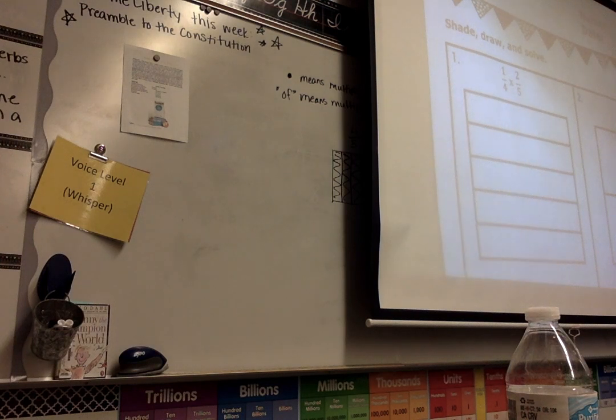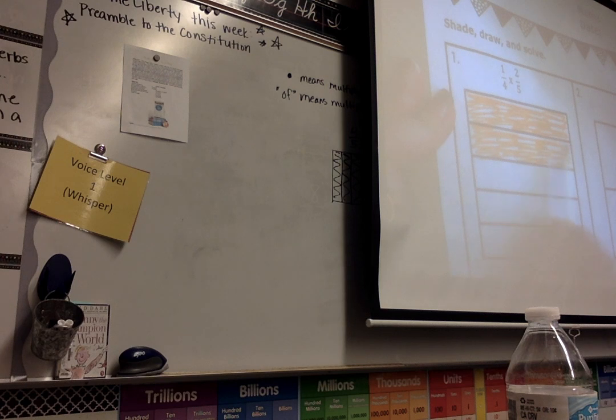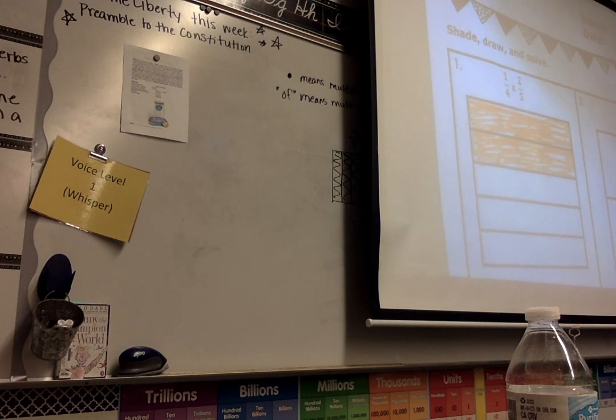So take one of your colors, color in 2/5. I'm going to start right here. Now I don't have to do a perfect job because we're just trying to show something pretty quickly. Okay, there's my 2/5.